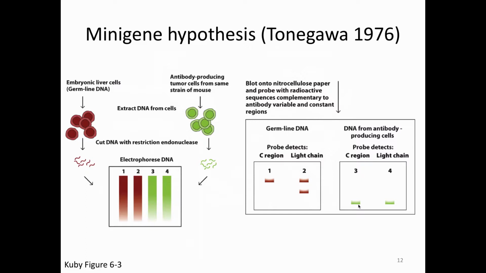In those cells, you should have minigene number 1 and minigene number 2 far apart in the DNA. And if you were to take an antibody producing cell, that antibody producing cell would shockingly produce antibodies.